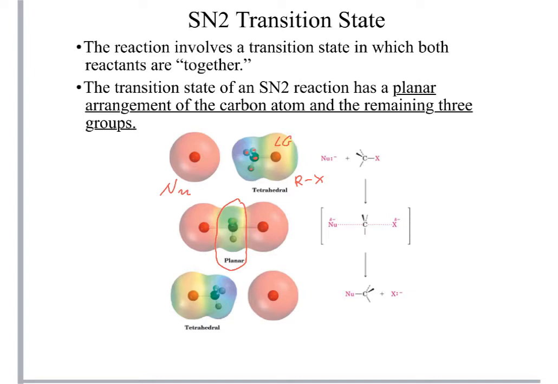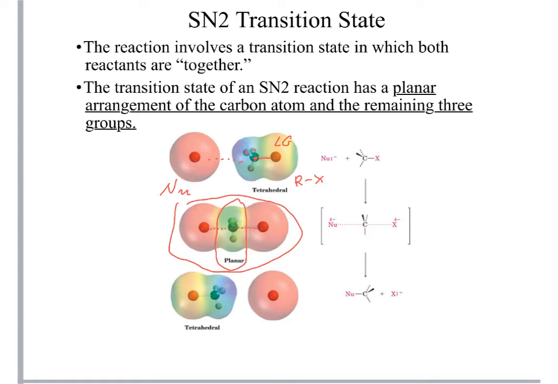As the nucleophile approaches from the backside, from an anti-periplanar orientation relative to the leaving group, we have a transition state in which the incipient bond between the nucleophile and the carbon atom is not yet fully formed, and the sigma bond between carbon and the leaving group is partially broken.